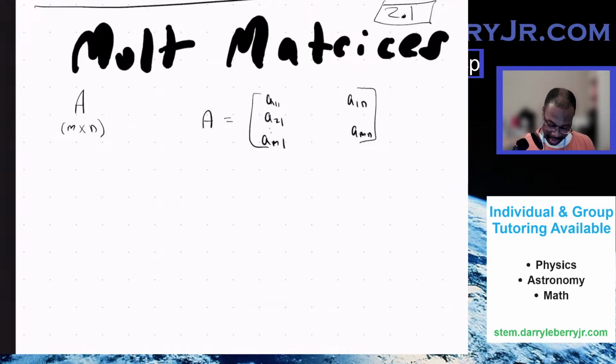So this left column is always the first column. That's why the second index is always 1. This first row is always the first row. That's why the first number is always 1. So here's the row. Here's the column.